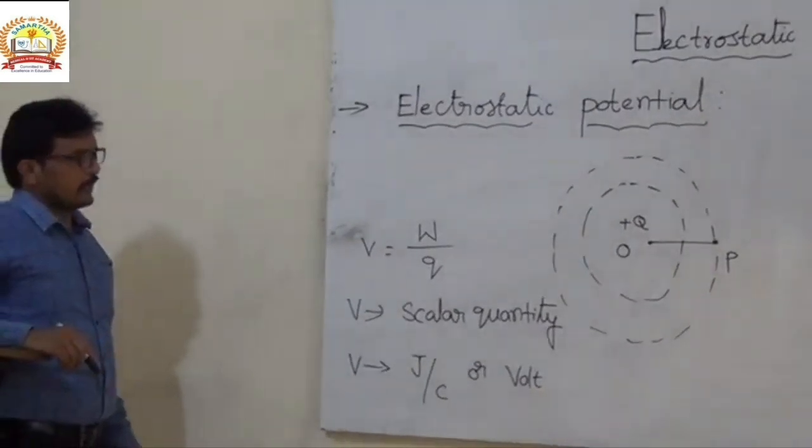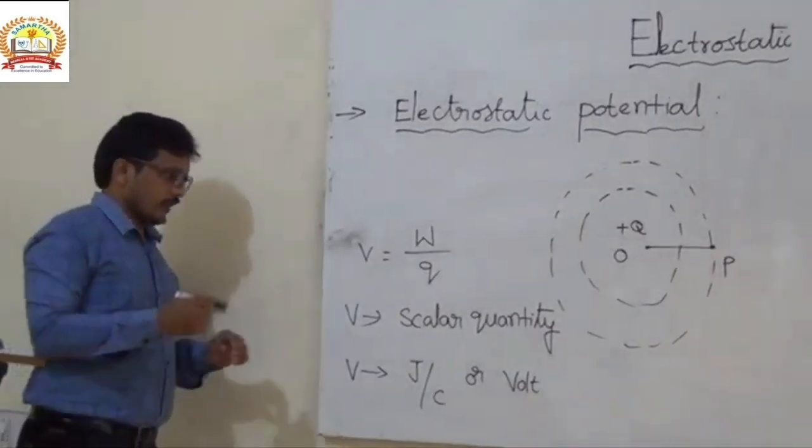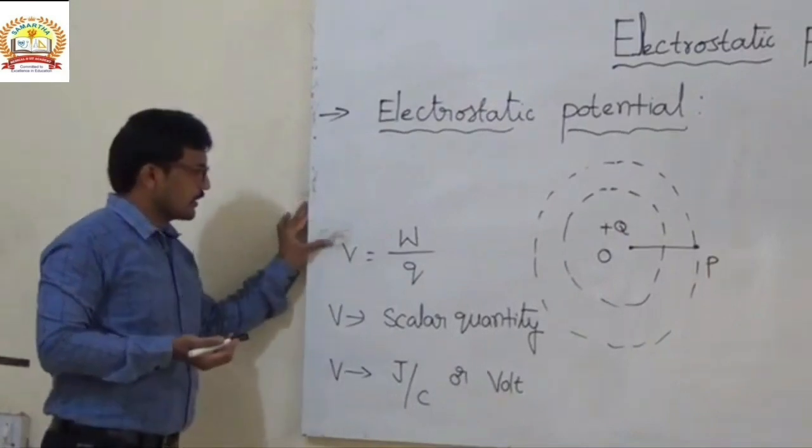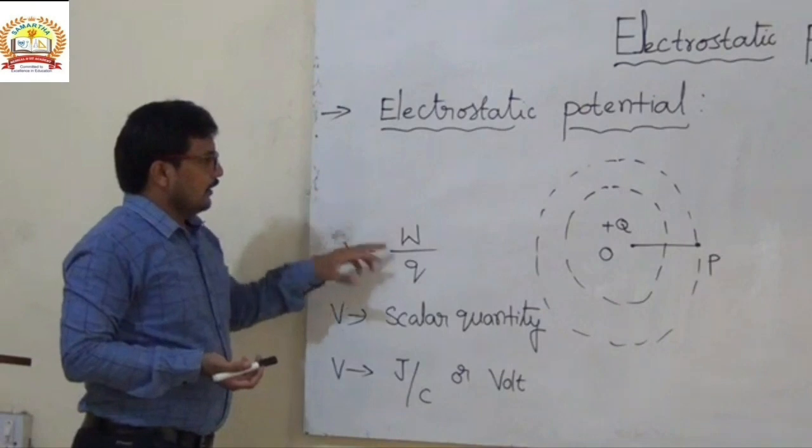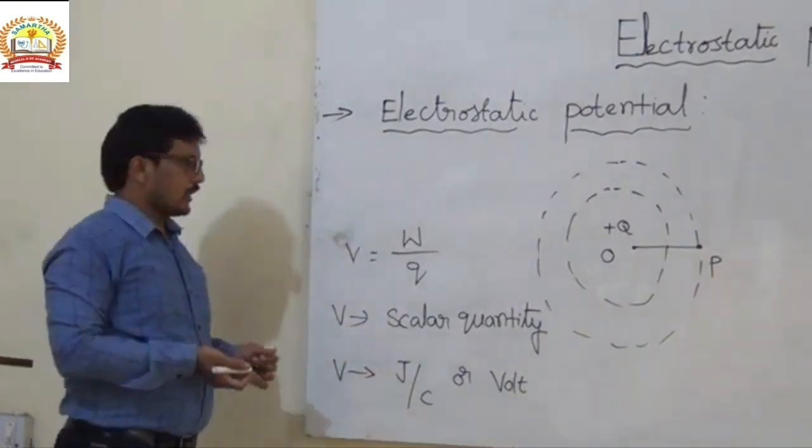And the dimensional formula of electrostatic potential. We know how to write the dimensional formula of the electrostatic potential by taking the fundamental quantities.